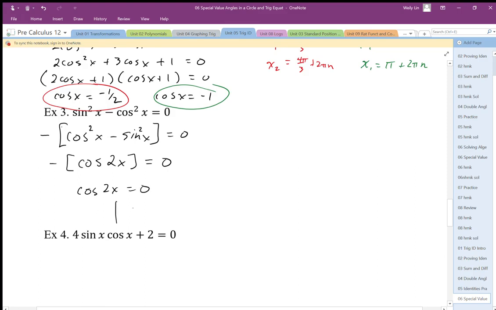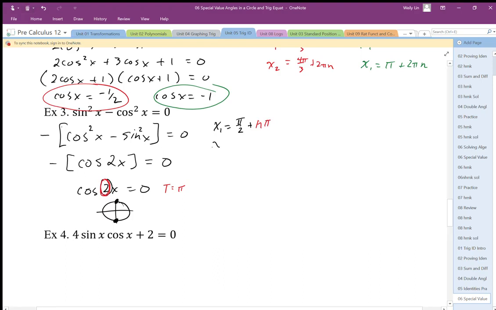Well, where's cosine equal to 0? Right there and right there. Okay, so then solving this, I can get theta 1 is equal to pi over 2. It's got a horizontal compression, so period is equal to pi, so that's going to be n pi.